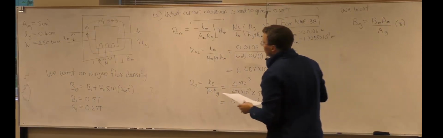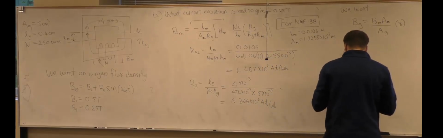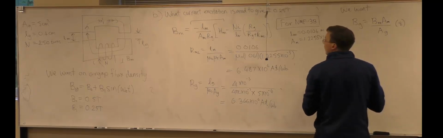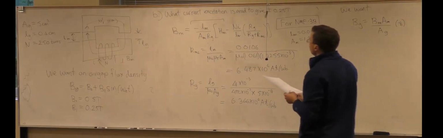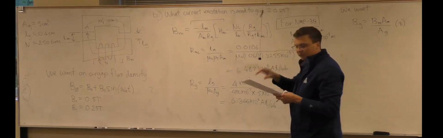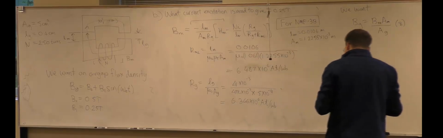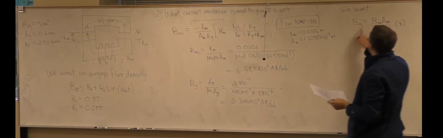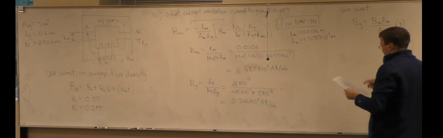So we could write that out. So we can rearrange this so that it's in terms of the air gap flux density, because this is in terms of the magnet material. So we've got Bg equals Bm Am over Ag. So if we substitute the Bm we've derived here into this one, we'll get it in terms of Bg.